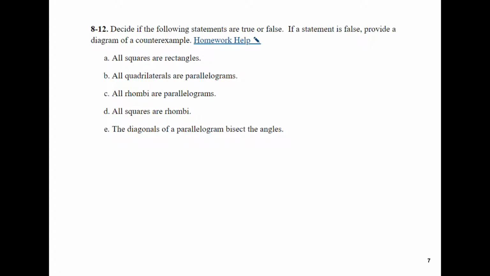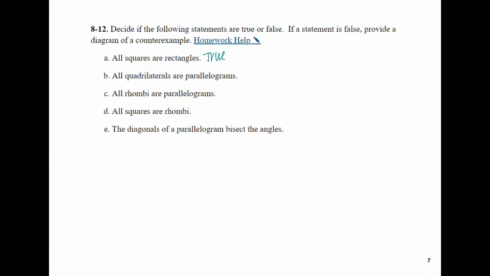8-12 says decide if the following statements are true or false. If a statement is false, provide a diagram of a counterexample. All squares are rectangles. This is a true statement. All quadrilaterals are parallelograms.